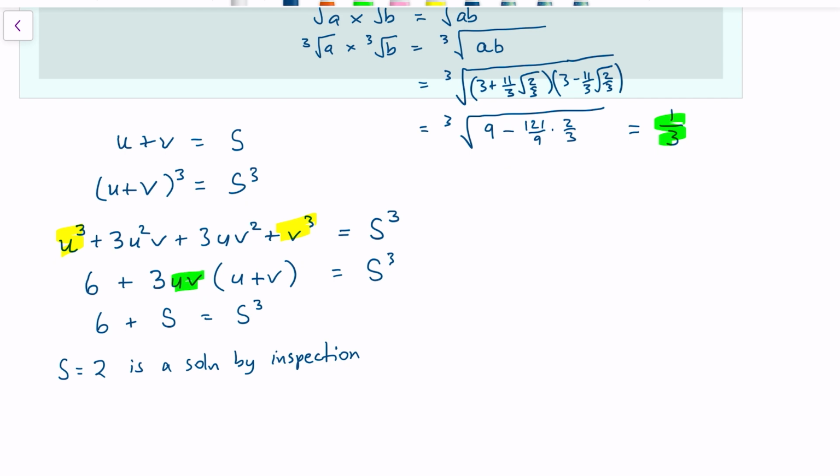But if we rearrange this cubic equation, s cubed minus s minus 6 equals 0, and then we factor out s minus 2 as a factor, we get s squared plus 2s plus 3.